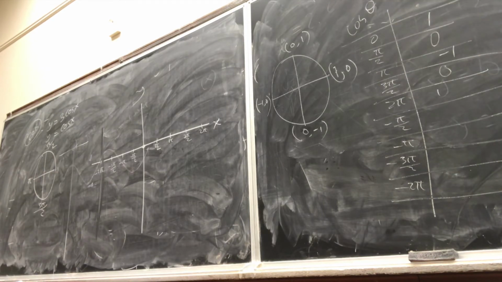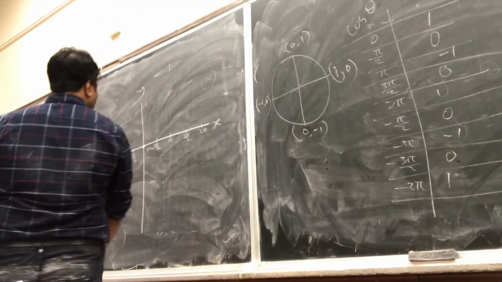Backward. Cosine 270. Cosine 180. Cosine 90. And again back. 1. Okay. Hopefully we're going to try to use that one.